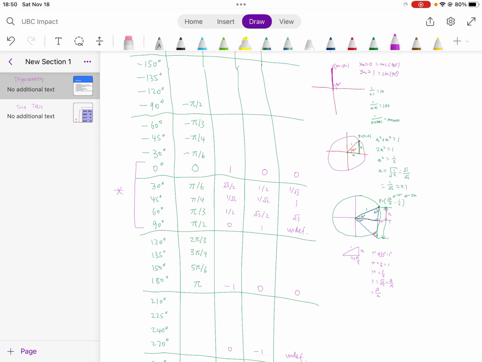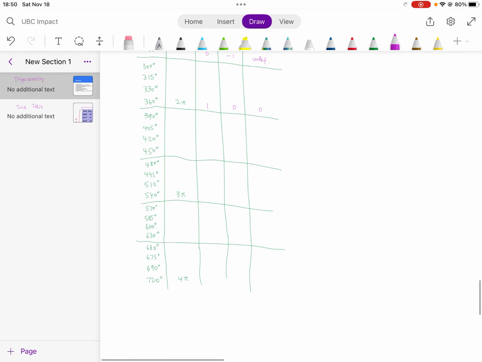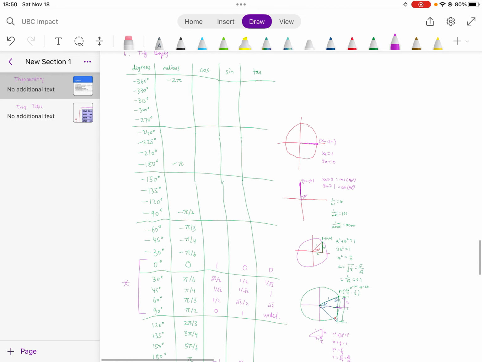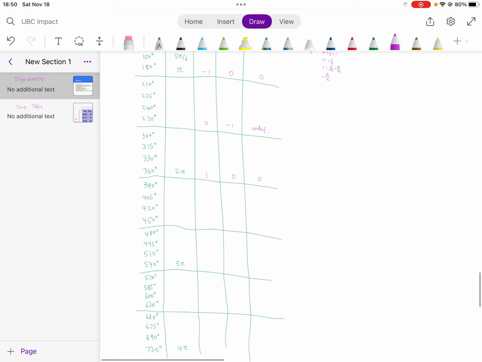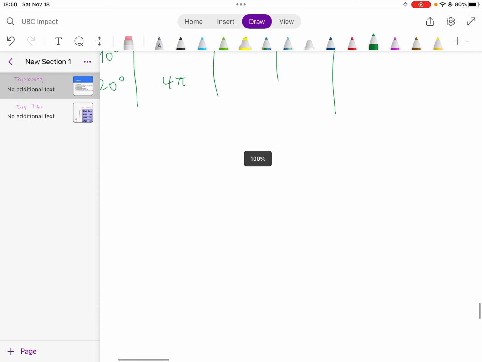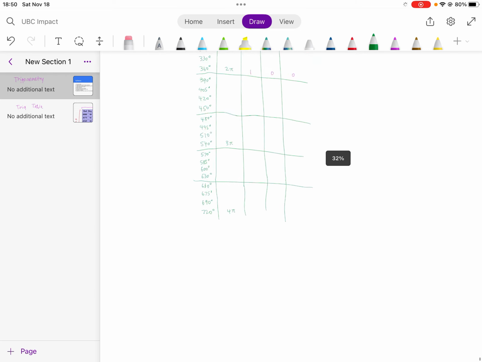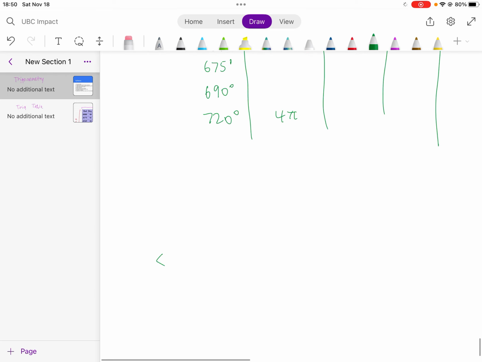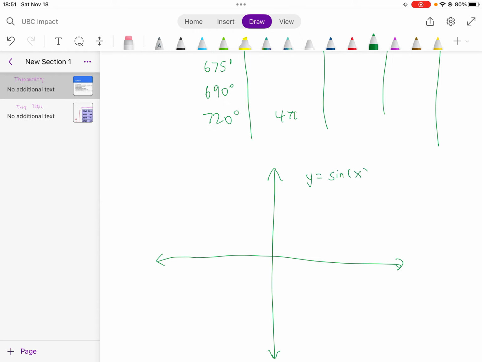Now we are going to talk about trig graphs. So what is a trig graph? Like when we draw the unit circle, we drew it on a plot that has the x-axis and the y-axis. And we talked about how trig functions are functions, which means we can set y is equal to the sine of x, and that will give us a graph.